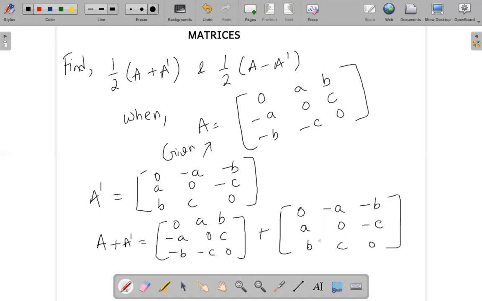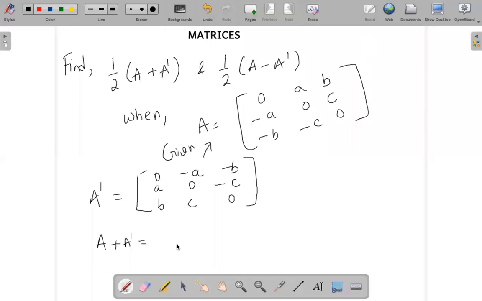So when we add this, what do we get? So you get this as 0, 0, 0, 0, 0, 0, and 0, 0, 0.